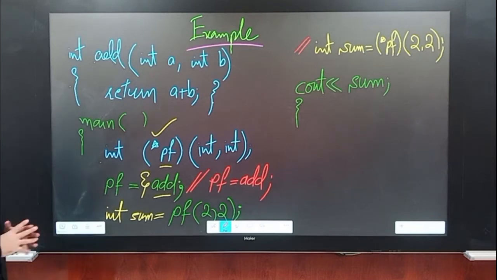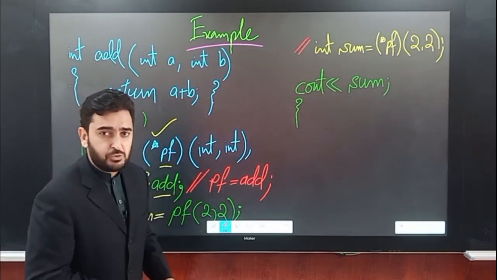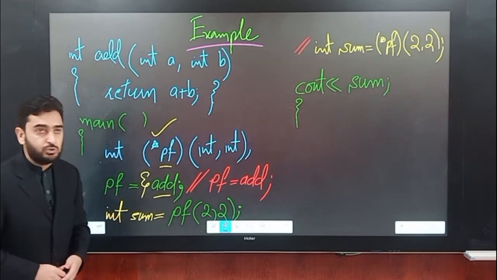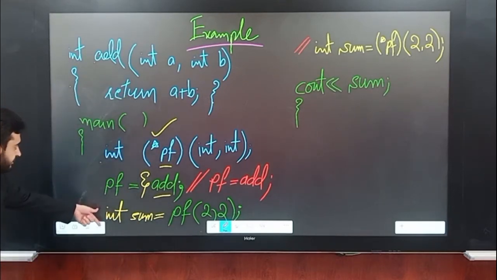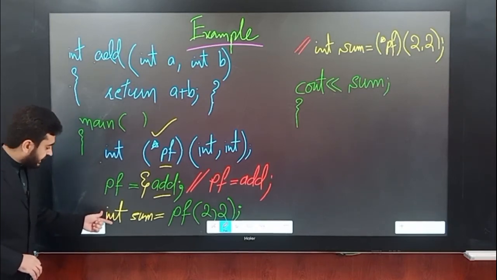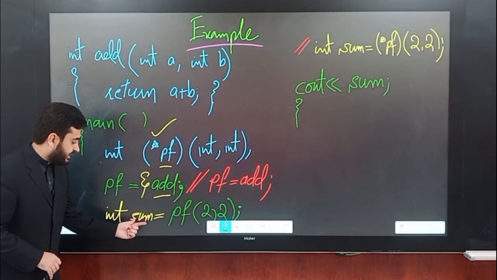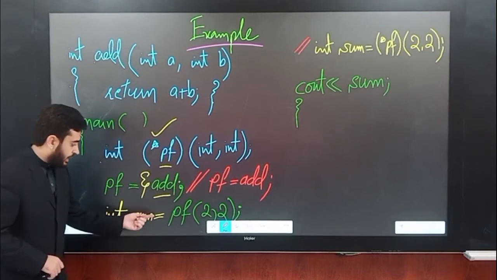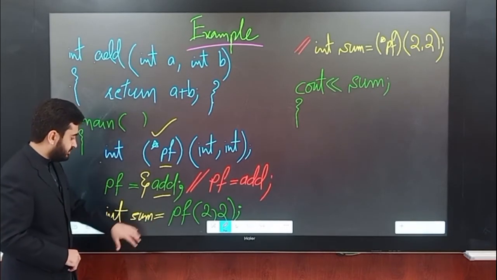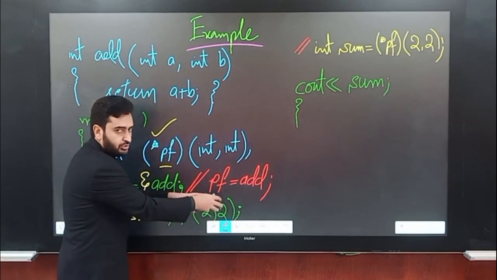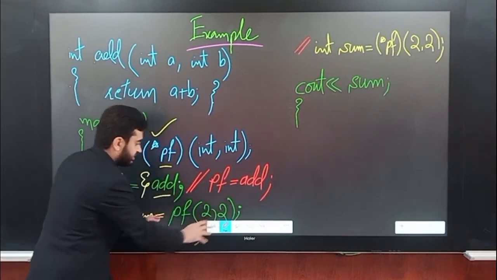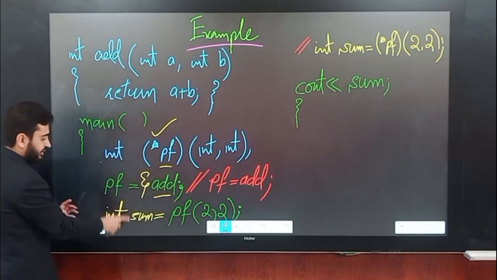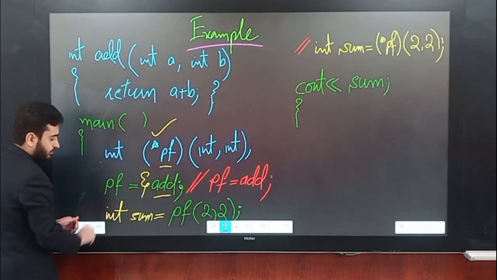Okay, so the question is, how can we now use this pf pointer to call this add function? Here in the third statement in the main function, you can see we have declared an integer type variable sum, and an assignment operator. It means there will be some value coming from some calculation or processing, and that value will be saved in the sum variable.